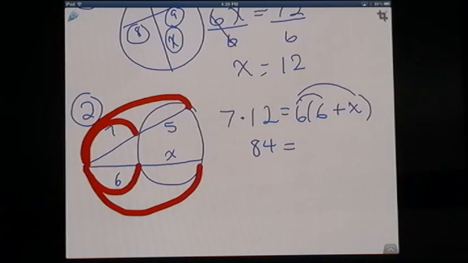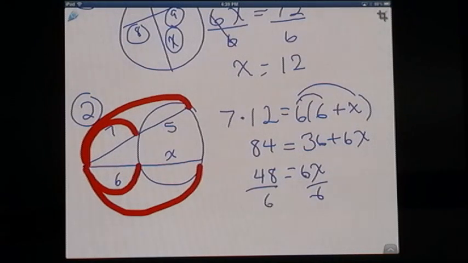Using the distributive property, 6 times 6 is 36 plus 6x. You move your 36 to the other side. You get 48 equals 6x. Divide by 6 and you get 8. X is equal to 8.